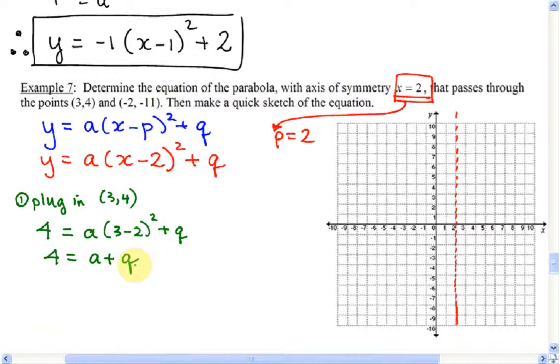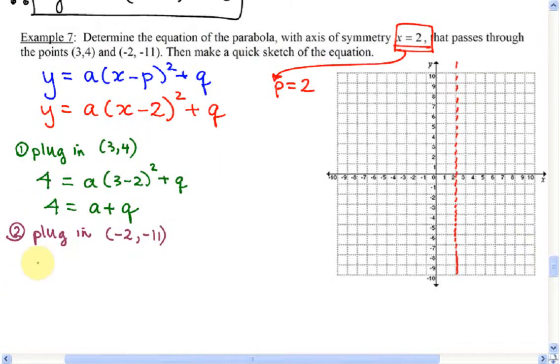Right, use the other point someone suggested. So let's also plug the other point into the equation. Let's plug in (negative 2, negative 11) back into that equation in red, and see what else we get.